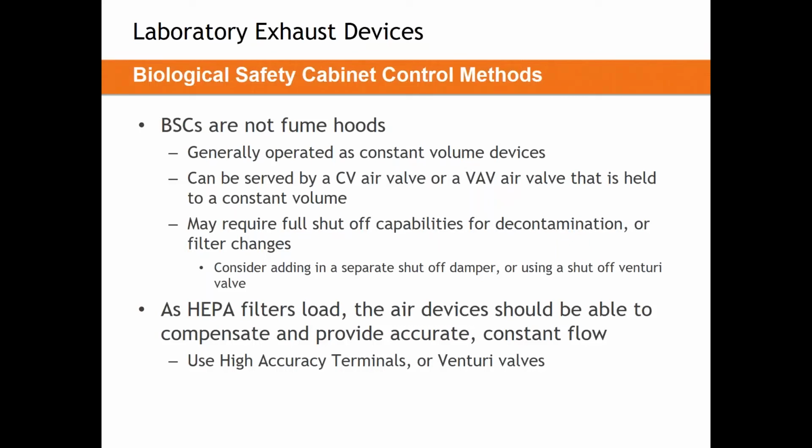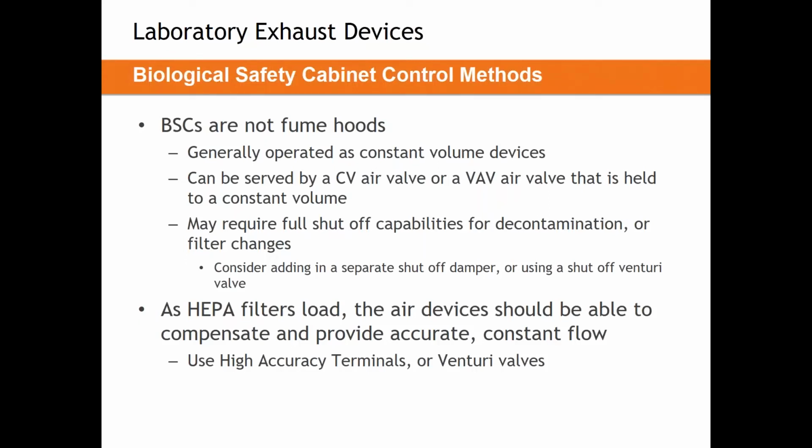Some of them require full shutoff of that system for decontamination or isolation of the filters. You may want to do that with a separate bubble tight damper, for example, or you might want to do it at the airflow control valve, which we'll talk about more in a second. One important thing to remember on a biological safety cabinet is the filters.